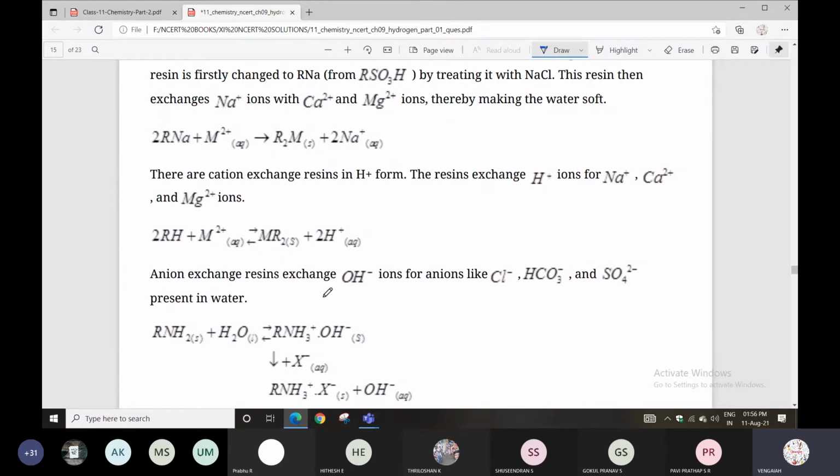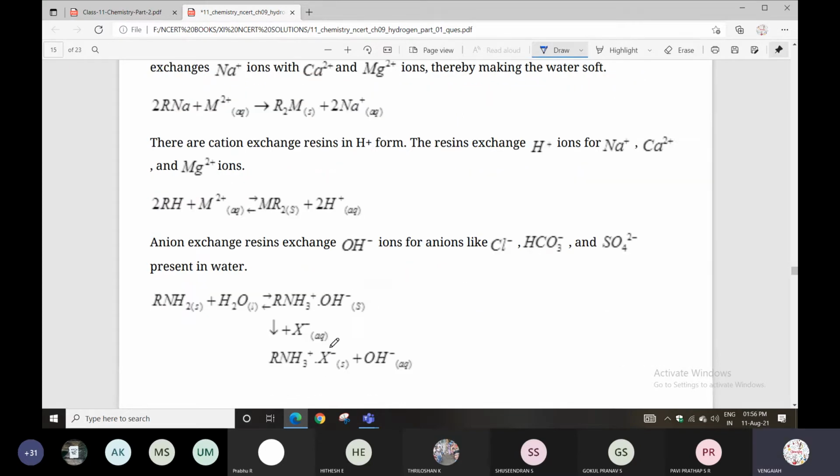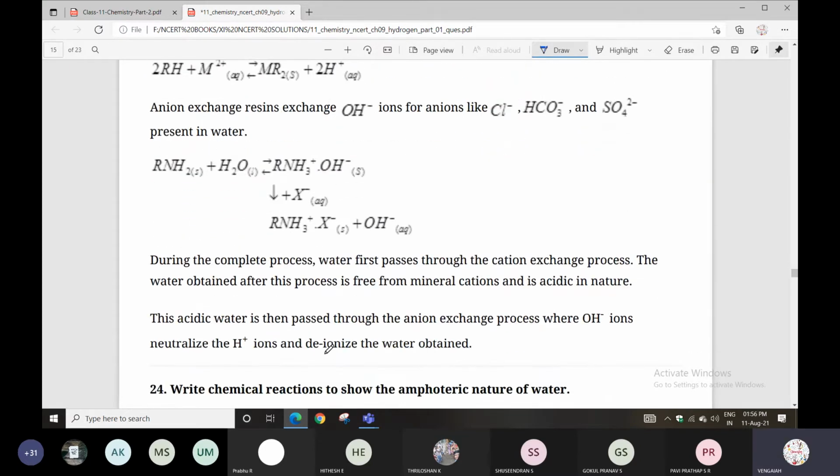Anion exchange: you can exchange OH minus ions. The anions present in water are chlorides, carbonates and sulfates, so with the help of OH minus you can replace them. During the complete process, water first passes through the cation exchange process, and the water obtained is free from mineral cations and is acidic in nature.